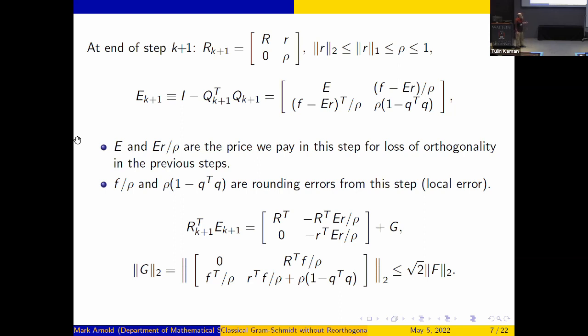And this condition up here, along with the columns of A having 2 norm 1, says that this rho that we're dividing by here and here can't be smaller than 1 over the square root of 2. So I cannot have that tremendous loss of orthogonality in classical Gram-Schmidt that you often see.